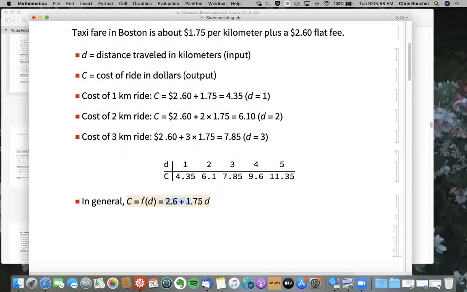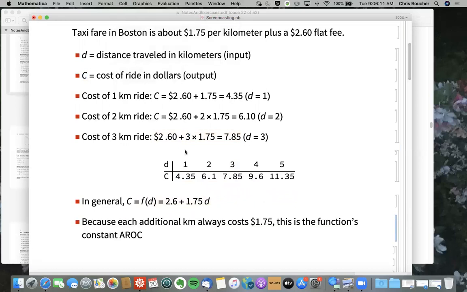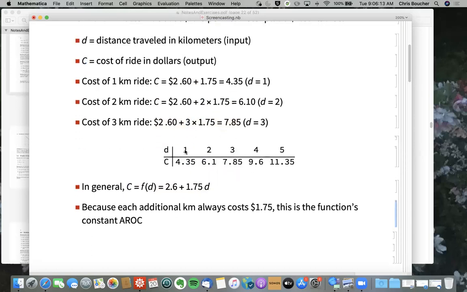So C equals f of D is 2.6 plus 1.75d. The value of d multiplies the 1.75. This is an example of a linear function, and we will say why and what makes it linear very soon. But one thing I will note, and this is the defining feature of linear functions, is that as I increase the distance, as I keep going an additional kilometer, every additional kilometer costs $1.75.